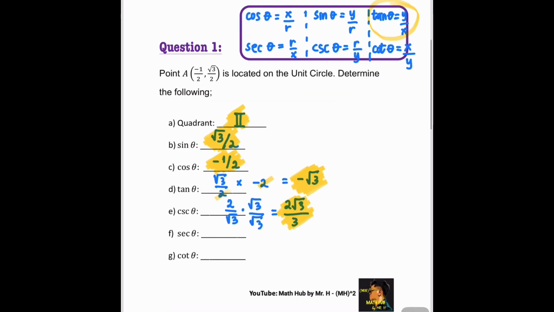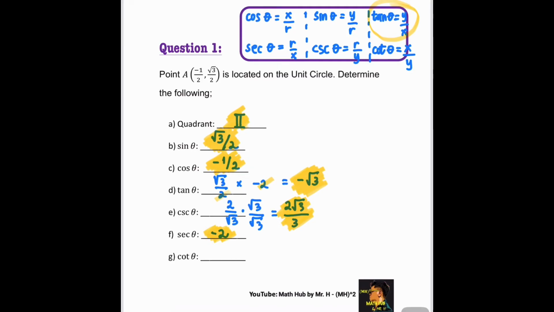For secant theta, we need to get the reciprocal of cosine theta. Cosine theta is negative 1/2, so the reciprocal will be negative 2. For the last one, cotangent theta, we need to get the reciprocal of tangent theta. Tangent theta is negative square root of 3, so the reciprocal will be 1 over negative square root of 3.